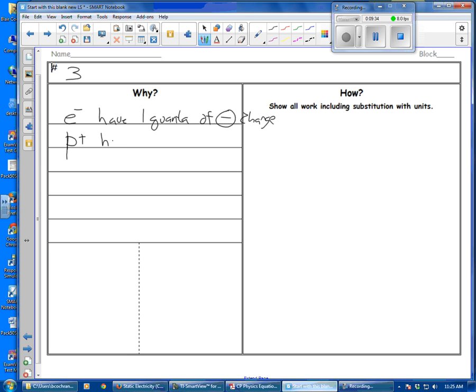Protons have, how many quanta does a proton have? Right, one quanta of positive charge.